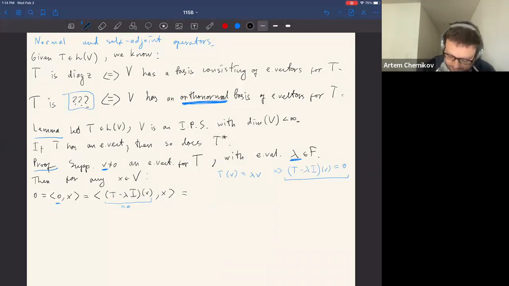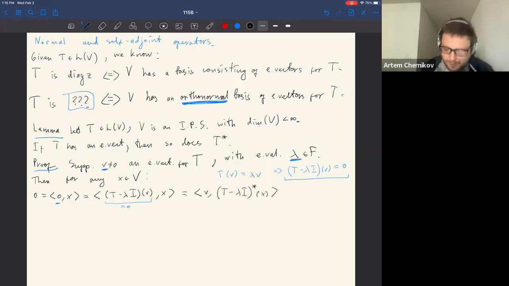So this is the same as the inner product of v with the adjoint of (T minus lambda I) applied to x. So this is just the definition of adjointness.